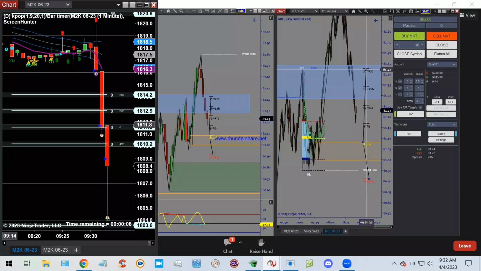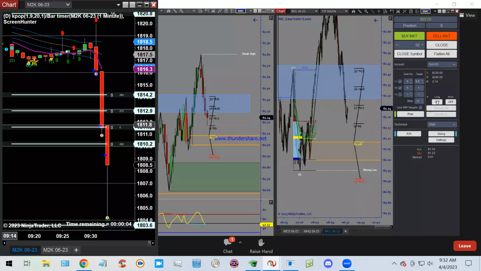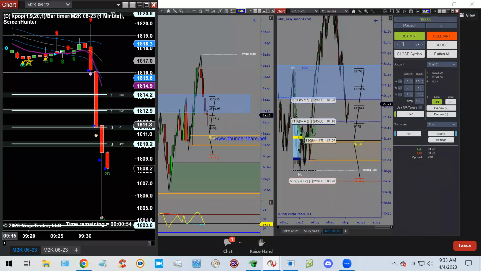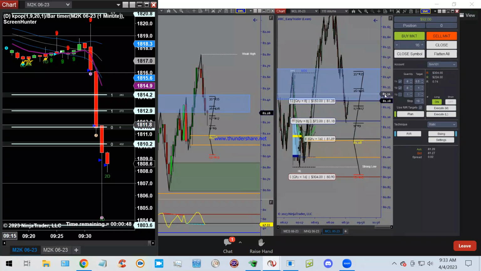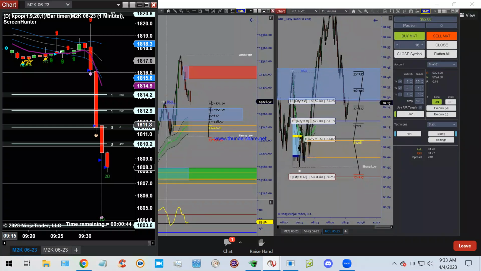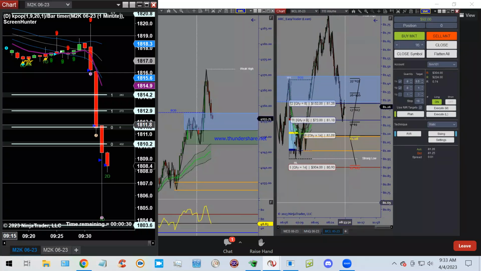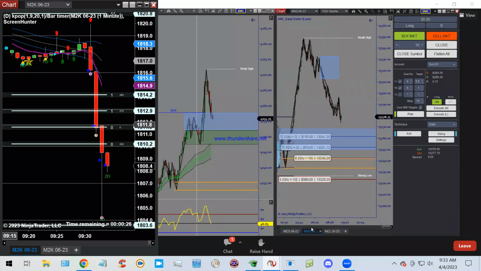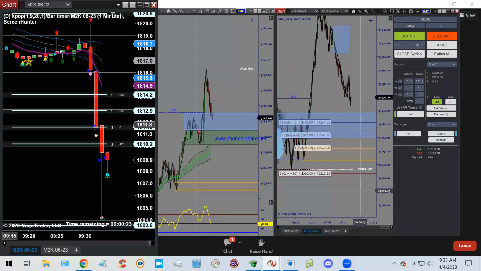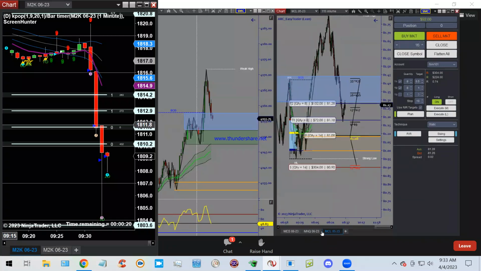Coming to the break of structure. Got to watch that order block, both of them.